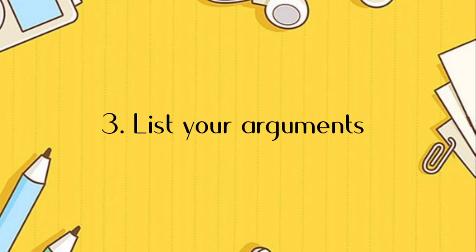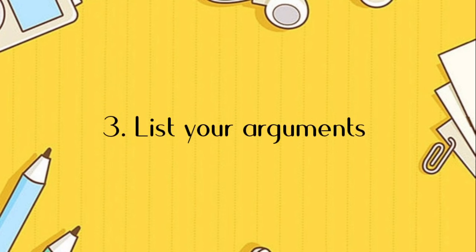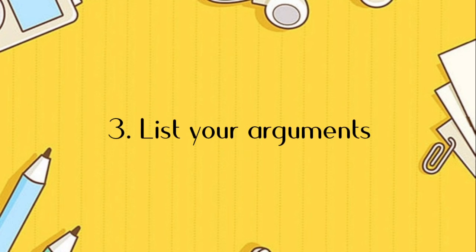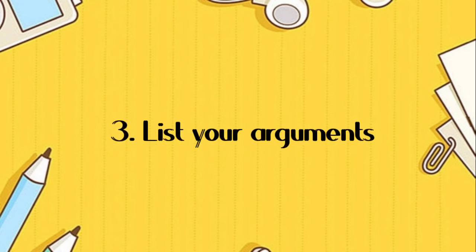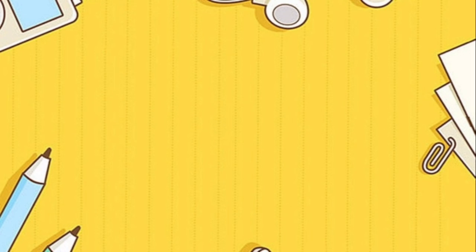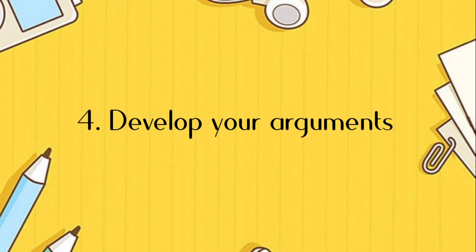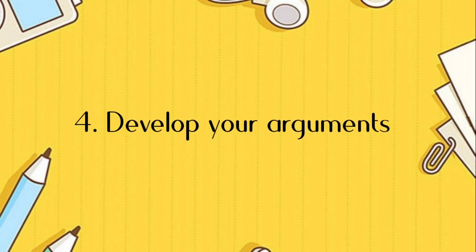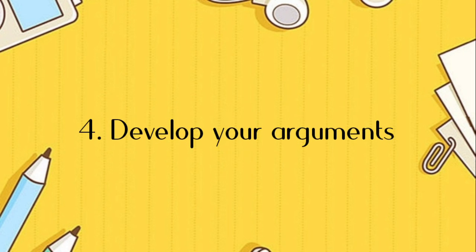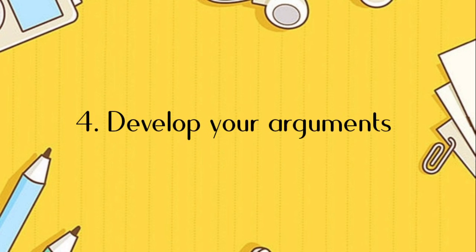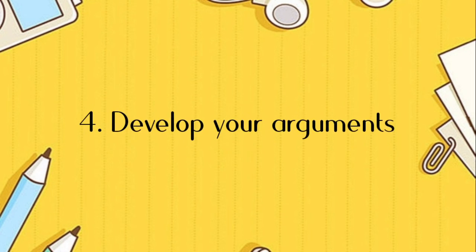Maybe you have three arguments and you must list one by one your argument. And then after you list your argument, you can just develop your argument by proving with example or data that you have found on the internet.